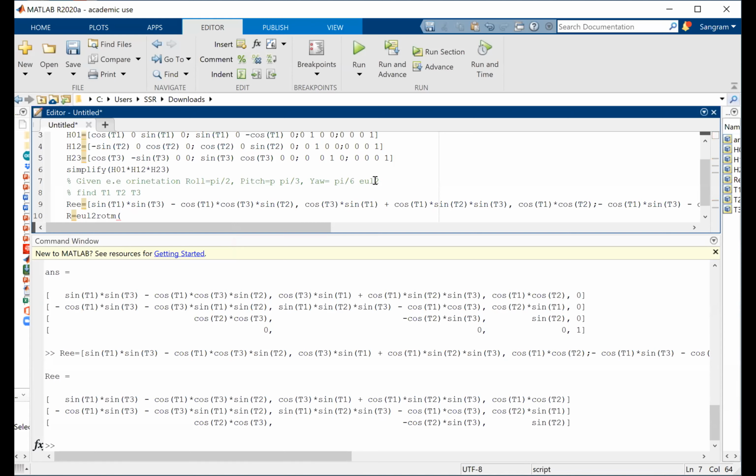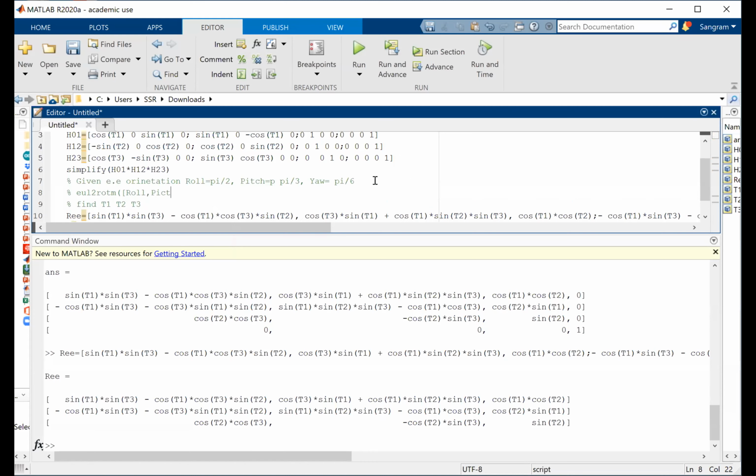EUL to ROTM, and in the parentheses you need to provide roll, pitch, and yaw in this sequence, because there are 12 ways Euler angles can be defined, the way the sequence of orientation works. But for robotics purposes, we will always use the combination roll, pitch, and yaw.